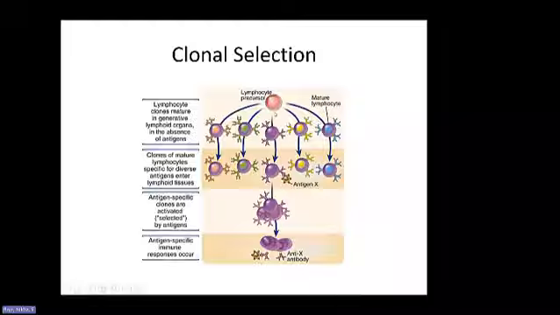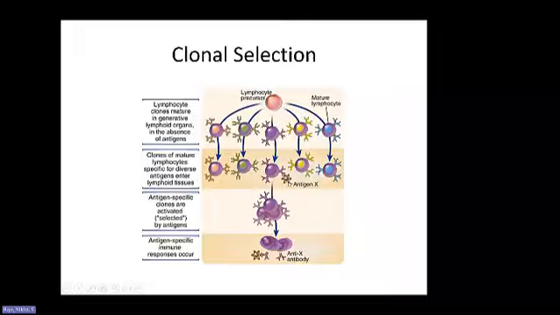These are produced from lymphocyte precursors, and they are released into circulation. Say a virus comes along with an antigen. One part of that antigen on the virus is called an epitope, and that might be specific for one particular clone of lymphocyte.